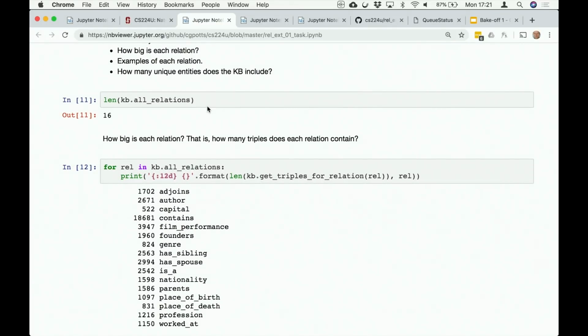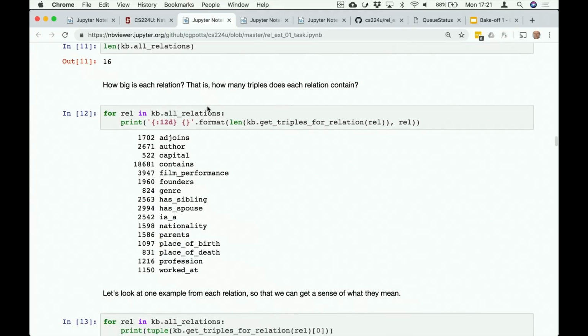There are 16 relations in this knowledge base. The full Freebase has way more than this. Freebase has thousands of relations, millions of entities, and literally billions of relational triples. What we're working with here is a fairly small slice of that whole knowledge base.